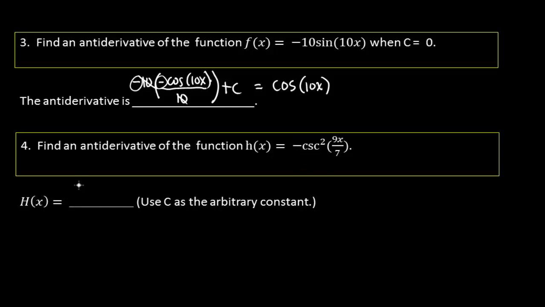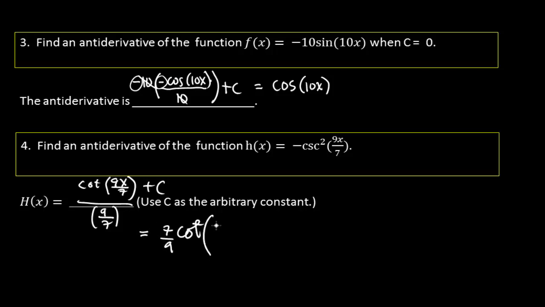So all we have to do is write it as cotangent of 9x over 7 divided by 9 over 7, because you know that k right there is 9 over 7, plus a constant. And that comes out to be 7 over 9 cotangent of 9x over 7.